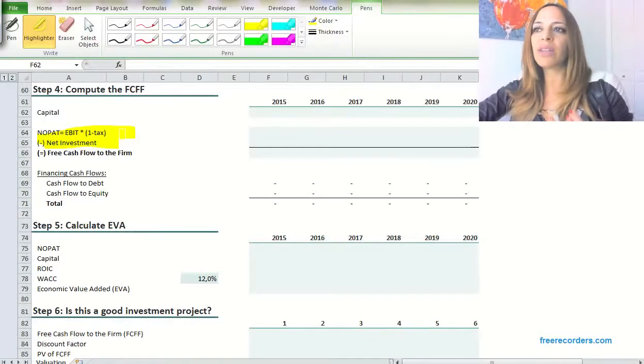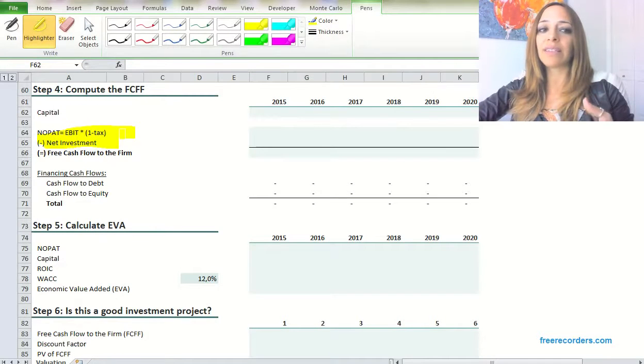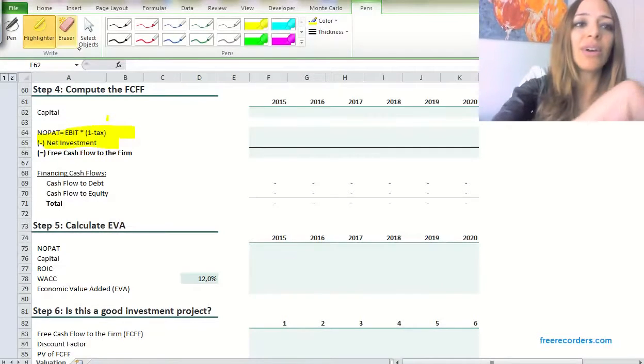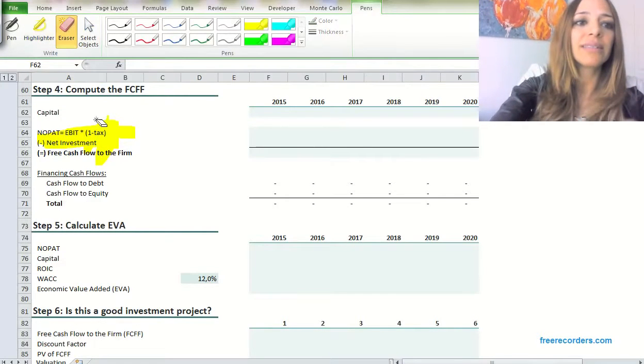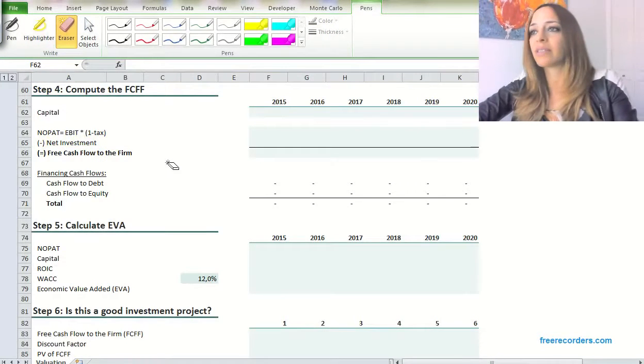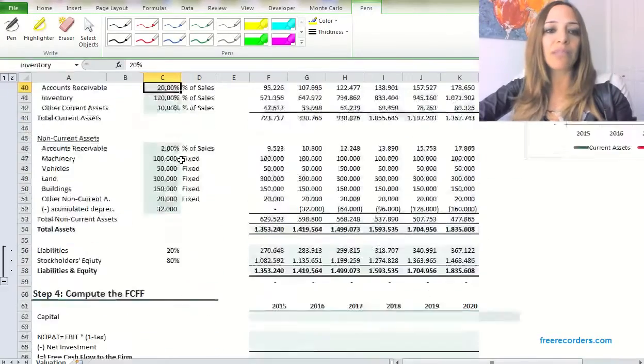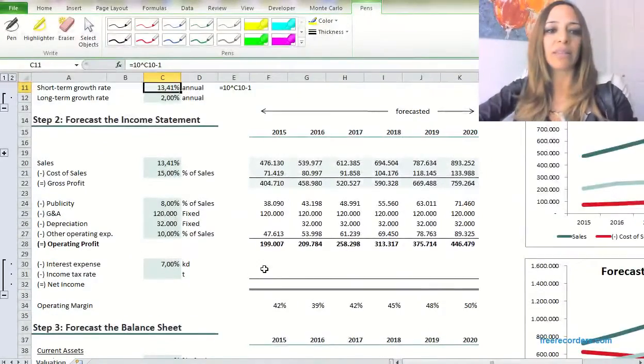Where do we obtain NOPAT, net operating profit after taxes? Well, if this is a profit, it's going to be on the income statement. And if it is the operating profit, please recall that we do not need to forecast interest, right, or net earnings. We don't need that. We may, if we like, complete this part.